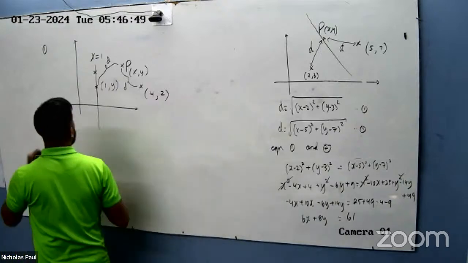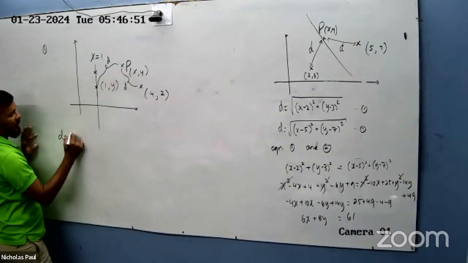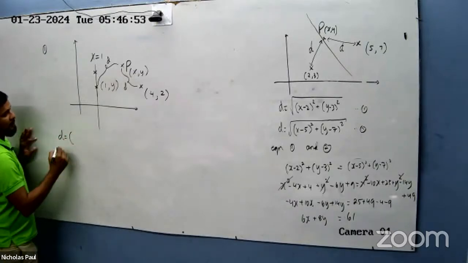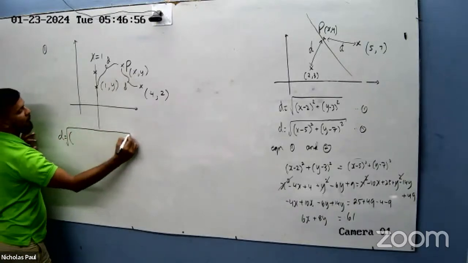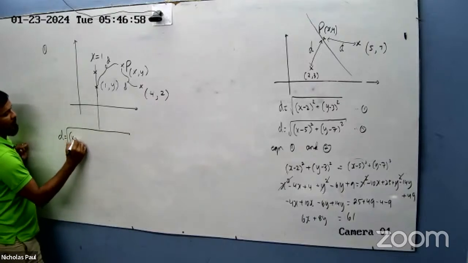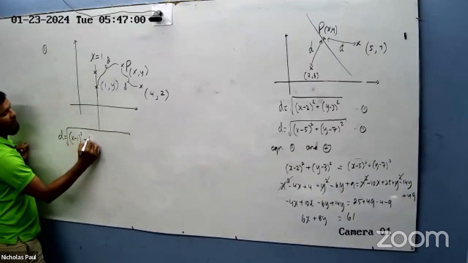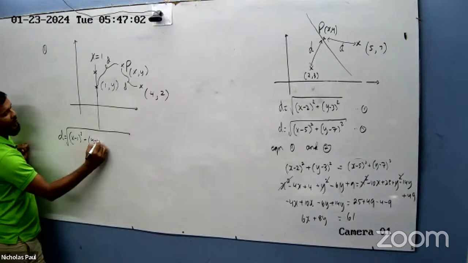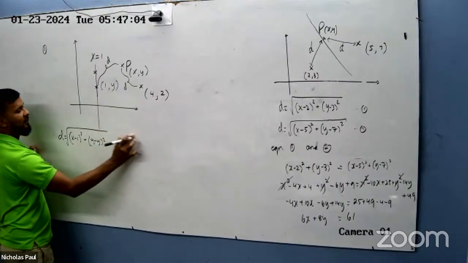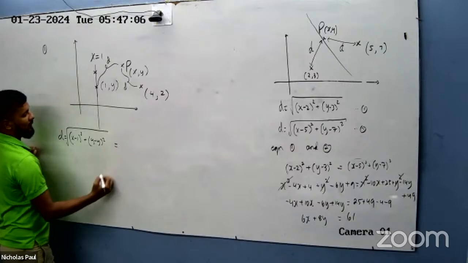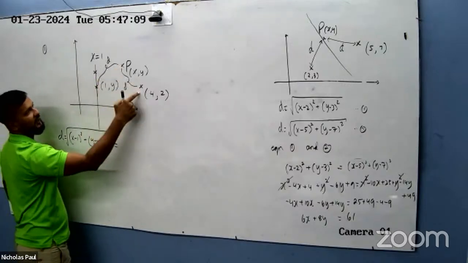All right, so let's see what we got between here and here. It'll be the square root of x minus 1 squared plus y minus 0 squared, right? And that is the same as here to here.